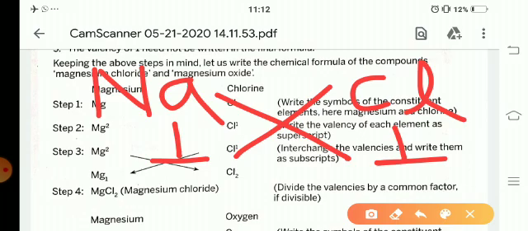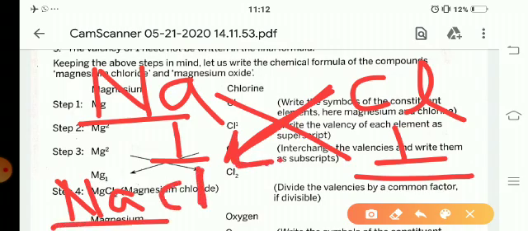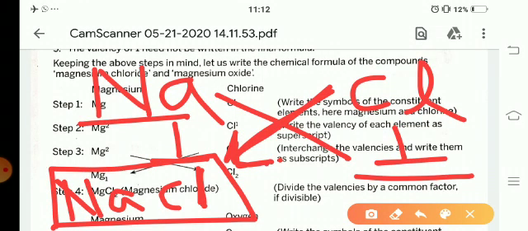So for Na, only Na, not 1, and the valency of Cl is 1, interchanged with sodium, giving Cl1, so NaCl. NaCl is the chemical formula of sodium chloride.